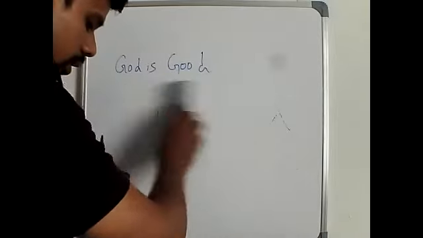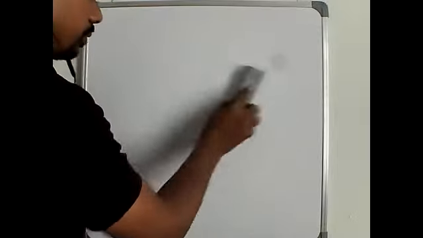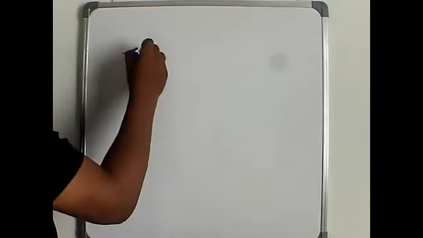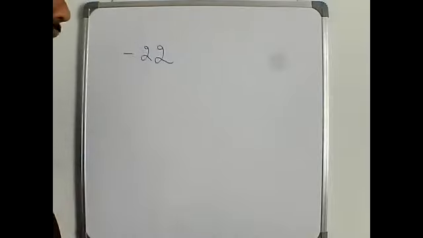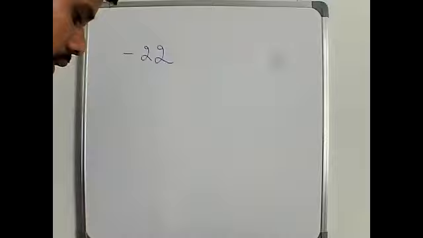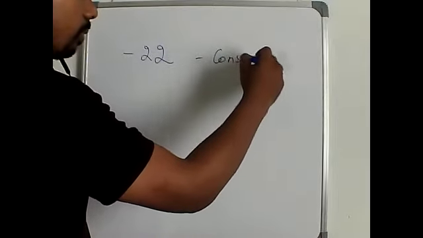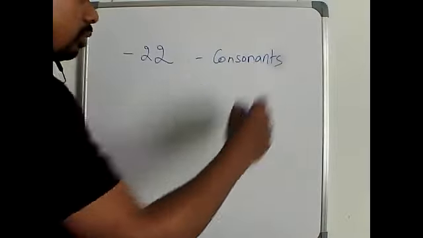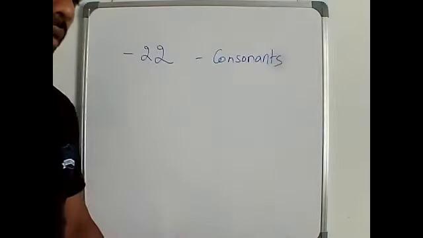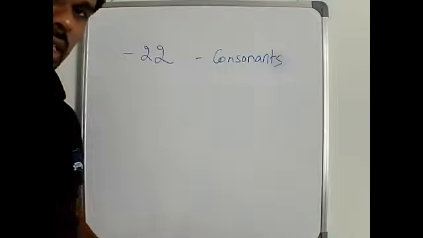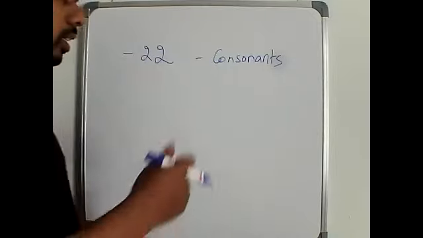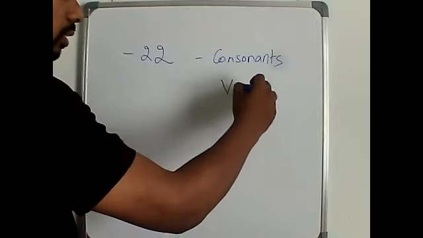And there are 22 letters in Hebrew, and all are consonants. So you should remember your English grammar: what are consonants and what are vowels?